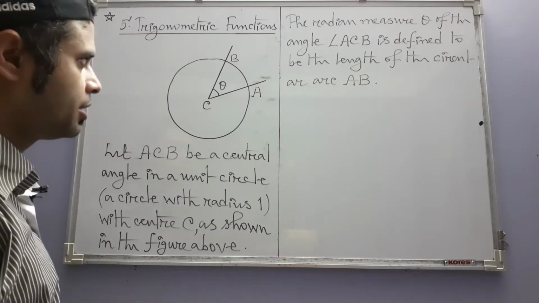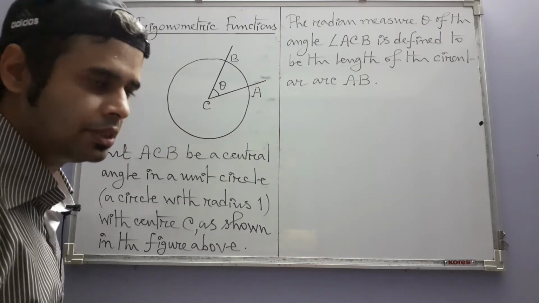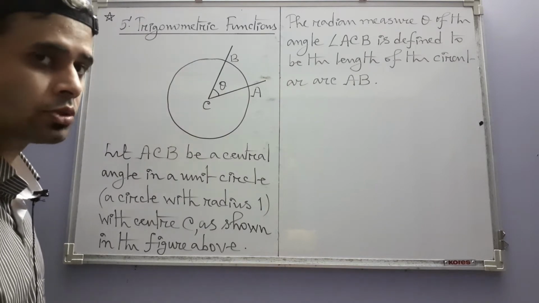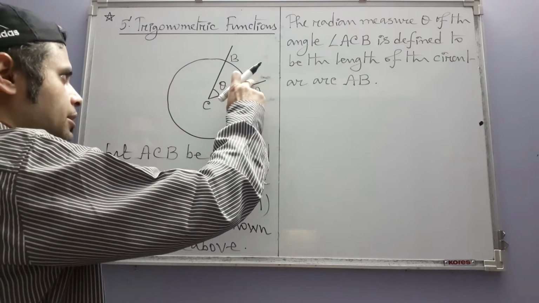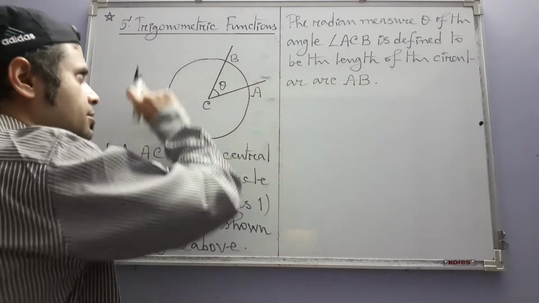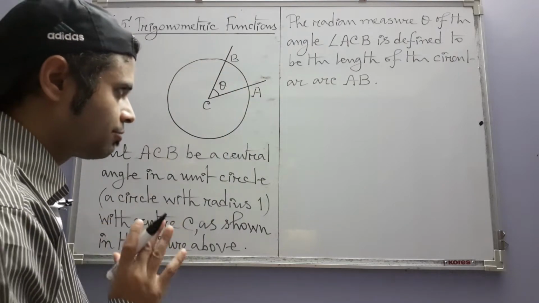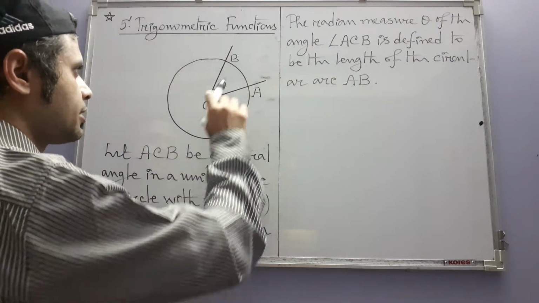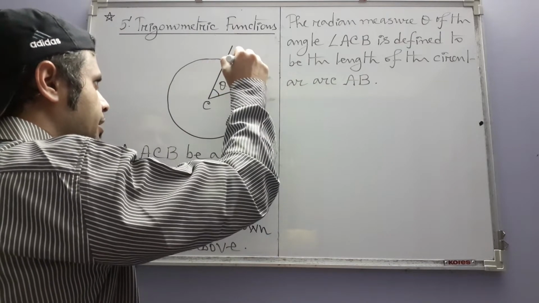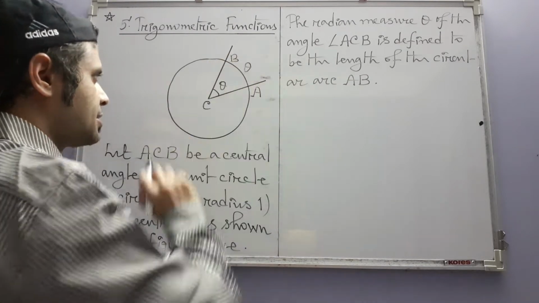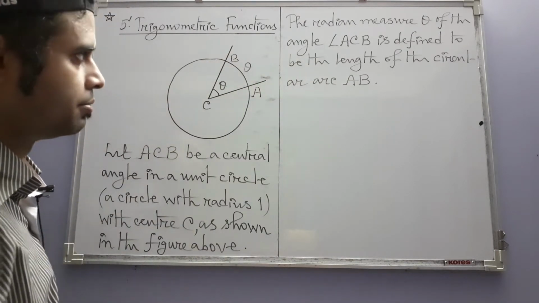If you just simply say circular arc AB, there are in fact two circular arcs AB. One is this one and the other one is this one, but in the context of this definition you of course understand that we are talking about this one, and in fact to emphasize that we write theta here.